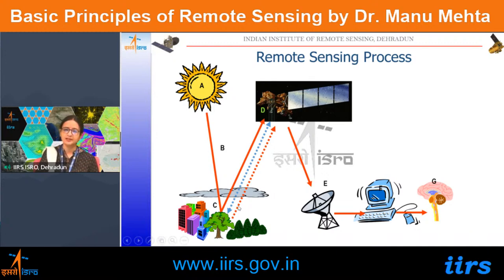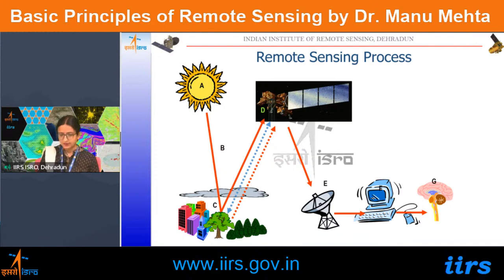So we learned here that there can be reflective remote sensing and emissive remote sensing. The solid red line is reflective remote sensing, and the dotted red line is emissive remote sensing. Both of these are passive, right? But we also learned about the difference between active and passive remote sensing.